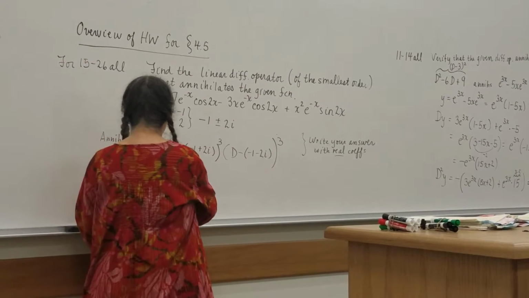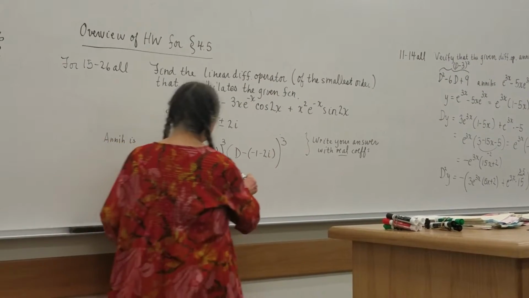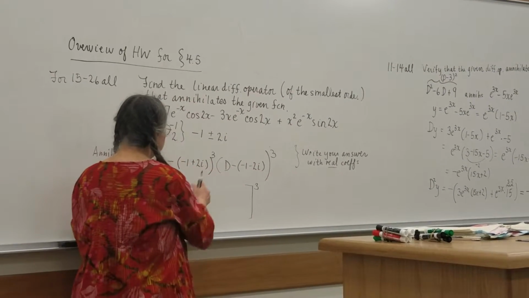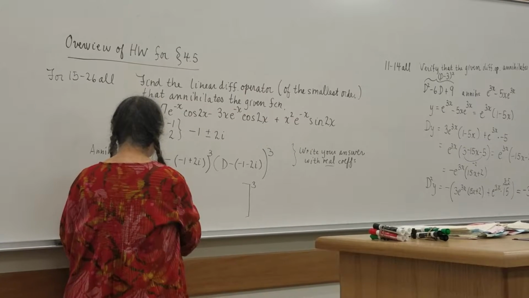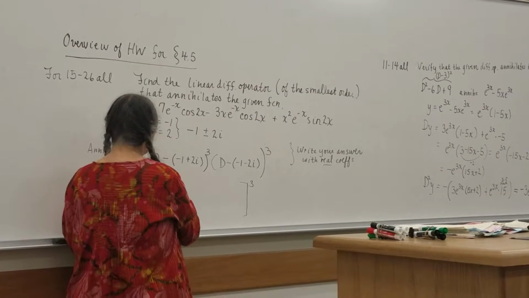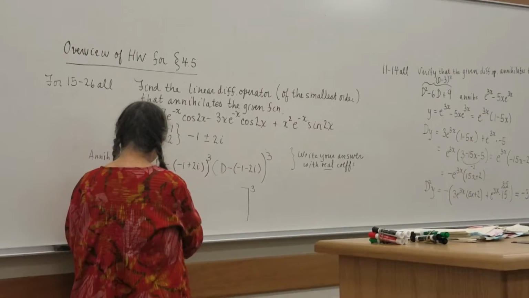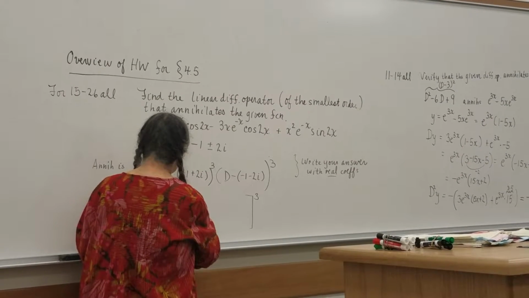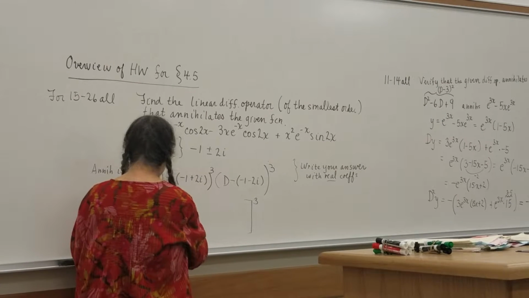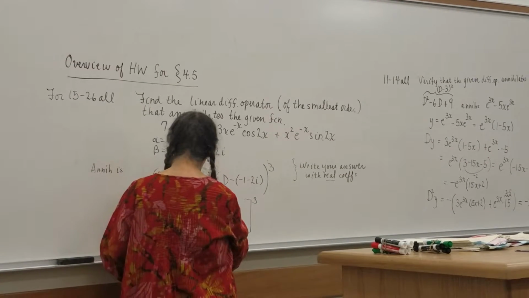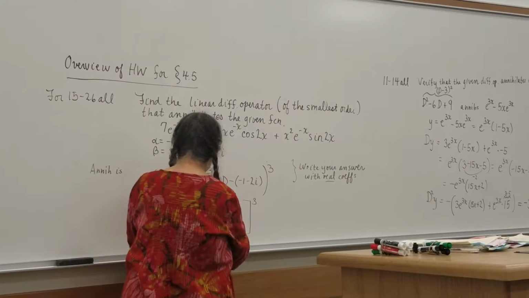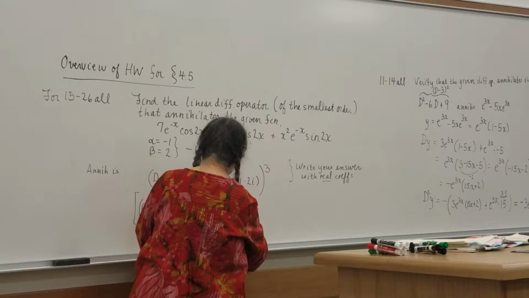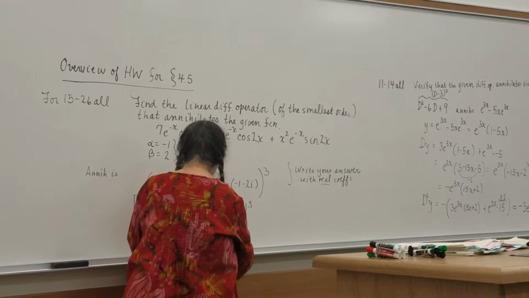So I'm going to have this product, and it's all going to be cubed. I just put a 3 on the outside, and then you write the things inside as D plus 1 minus 2i, and D plus 1 plus 2i. Those are your two factors.